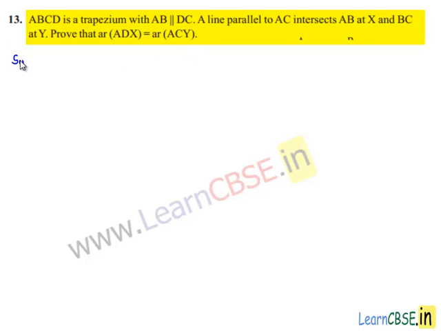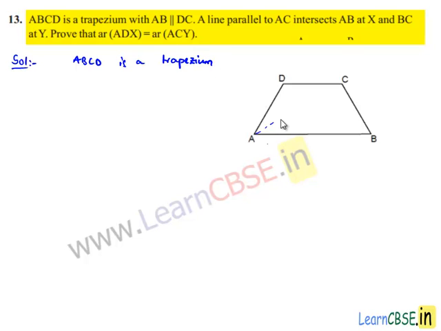Now moving to the solution. Let us consider ABCD is a trapezium, as shown in the figure. Let us consider AC as diagonal.